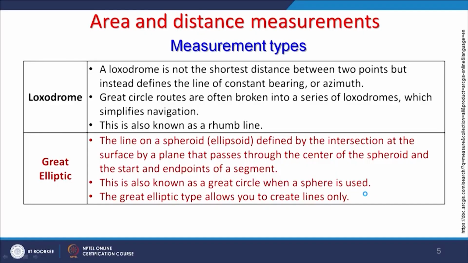Depending on that we should do it, and the same advice here: after each and every operation in GIS, please check for errors. Now, there are some other measurement types which can also be explored, like loxodrome measurement. The loxodrome is not the shortest distance between two points, but instead defines the line of constant bearing or azimuth.